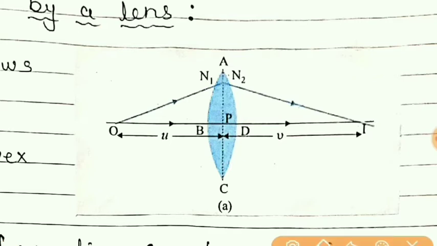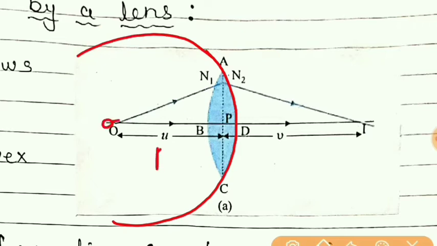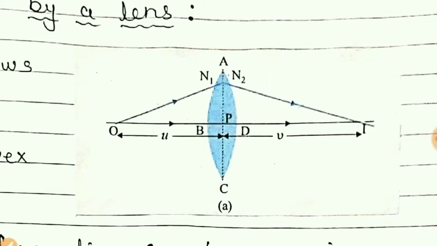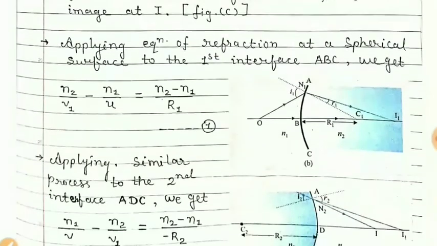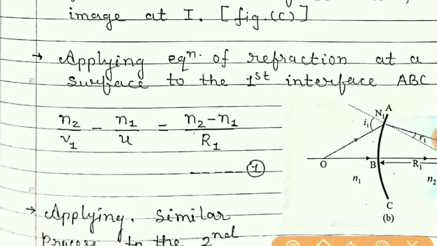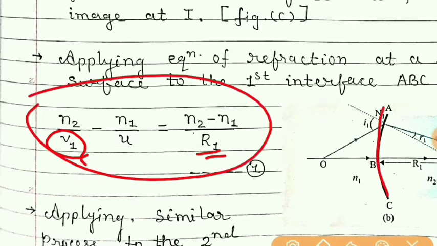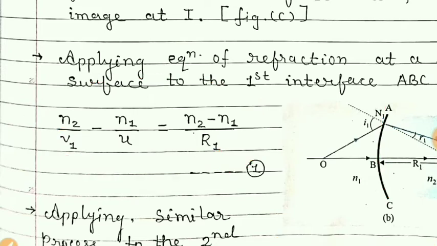Then for this surface, the radius of curvature will be r2. So here we have taken the first surface, so the radius of curvature is r1. V1 is the image formed by that surface, so we have applied that formula. Let us give this equation number 1.